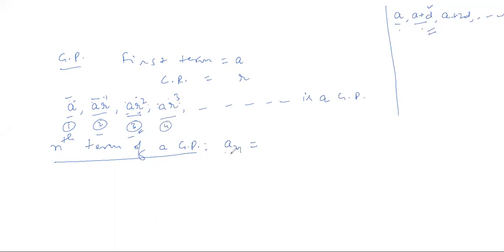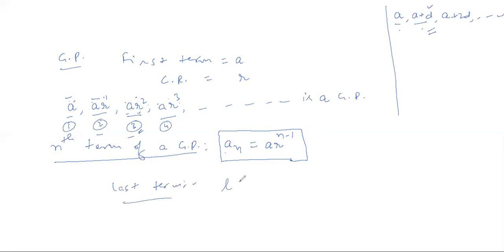In the same way, if it is the nth term, A is in all of them, so it will be A into r raised to power n minus 1. Okay, so we'll write it like this: A r raised to power n minus 1. It will be the nth term, and the same will be called the last term also.